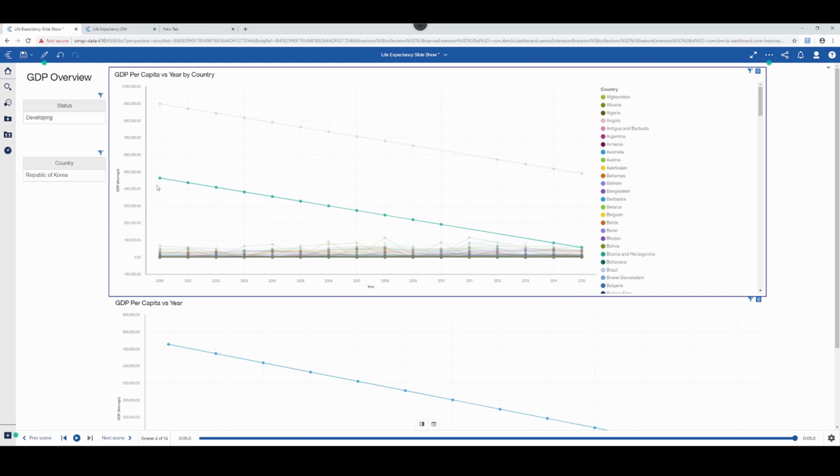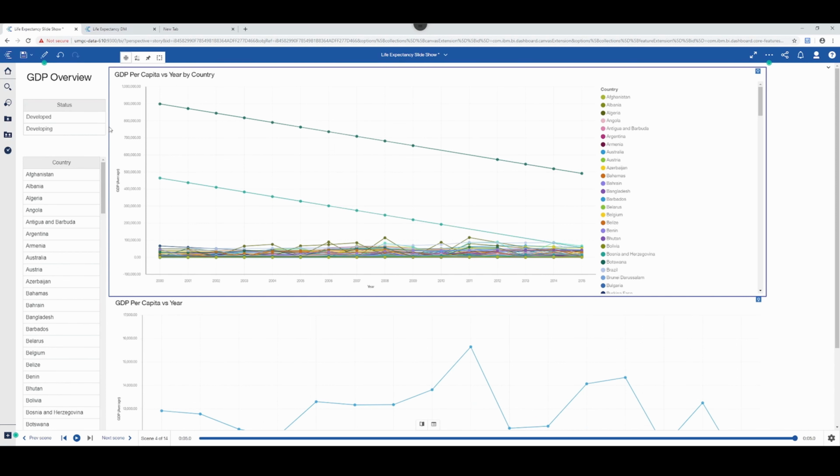They are much, much higher than any other countries, and they have a linear decrease over the years, which almost seems like this was just an estimate or incorrect data, since these small countries can't possibly have a higher GDP per capita than the developed countries.